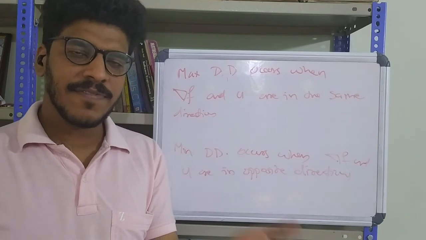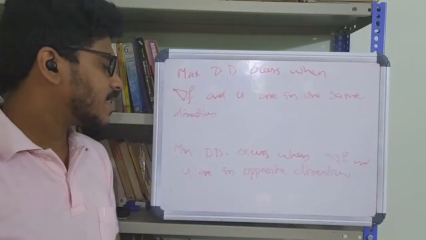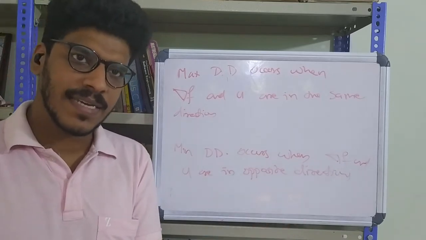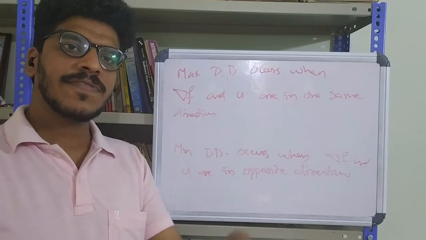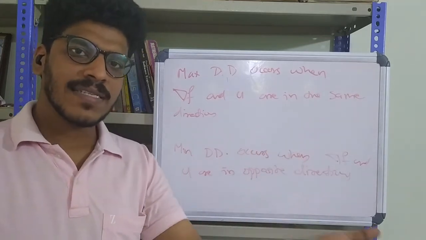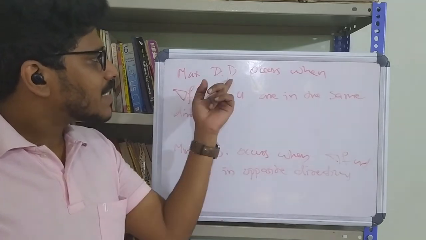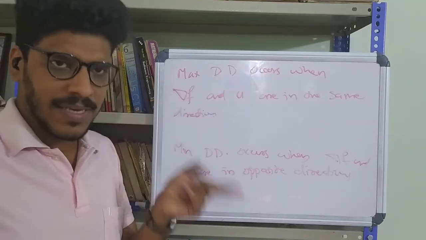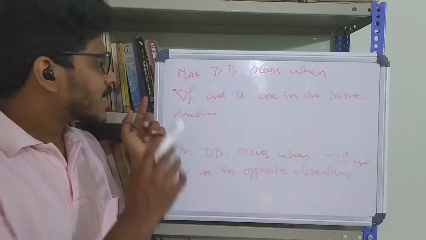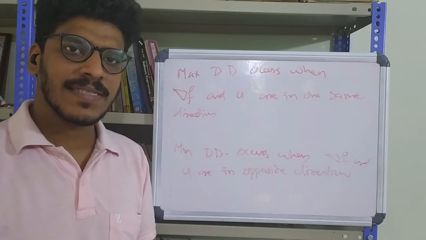If the derivative is positive, we may say that the function is increasing, and if the derivative is negative, we may say that the function is decreasing. So the derivative actually measures the rate of change of the function, either increasing or decreasing. In that case, the maximum directional derivative occurs in the direction of grad f, which means the direction of grad f is the direction of maximum increase.